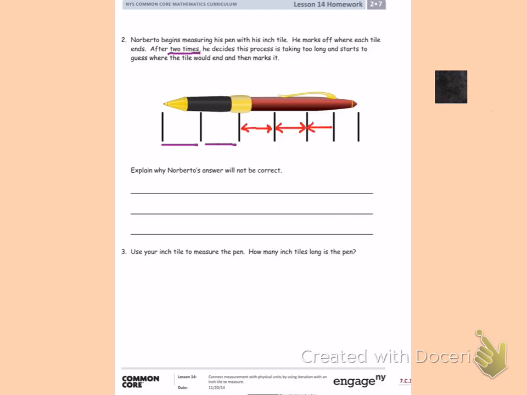The same is true when I look at this distance and this one. It seems like when Norberto was just guessing, his distances got smaller when he was just trying to guess where the tile would end.